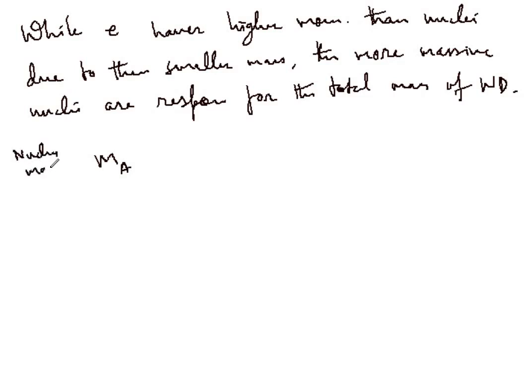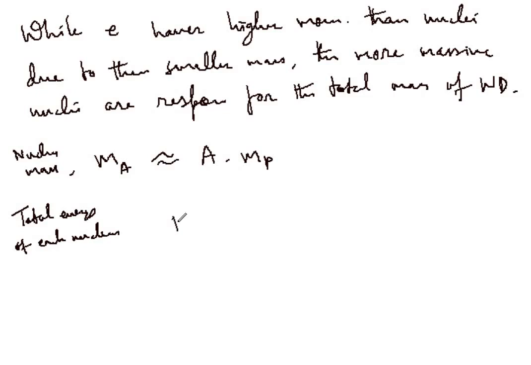Now the mass of a nucleus, to a good approximation, we can write as A into Mp, the mass of the proton, so that the total energy for each nucleus, E, is given by minus G M Ma divided by R plus Z into kFe.